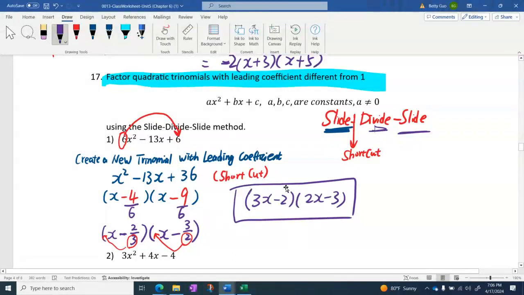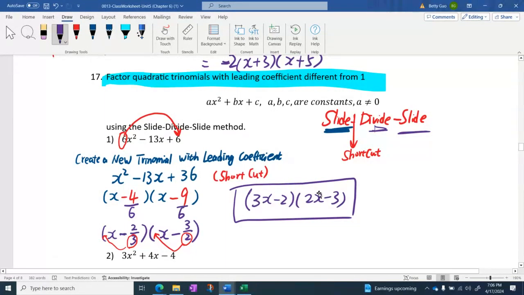Okay, so that's the slide divide slide method. I have a video, and in the video I have 3 different methods to factor a quadratic trinomial with leading coefficient different from 1. The second method is this slide divide slide. In the past, I tended to introduce different methods, but in recent years, I only teach one good method.